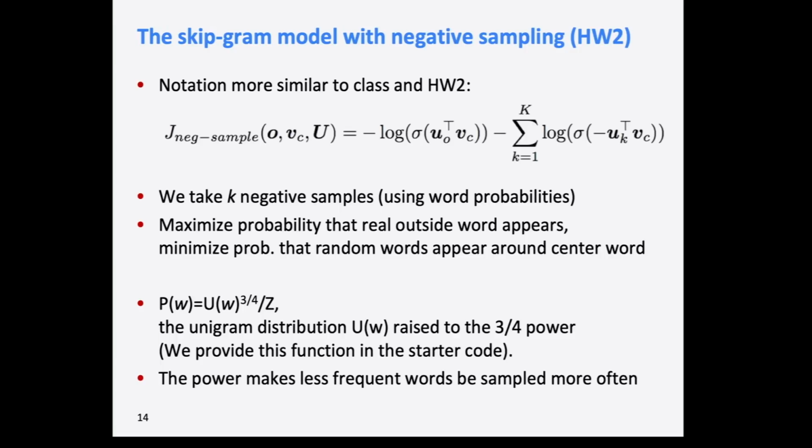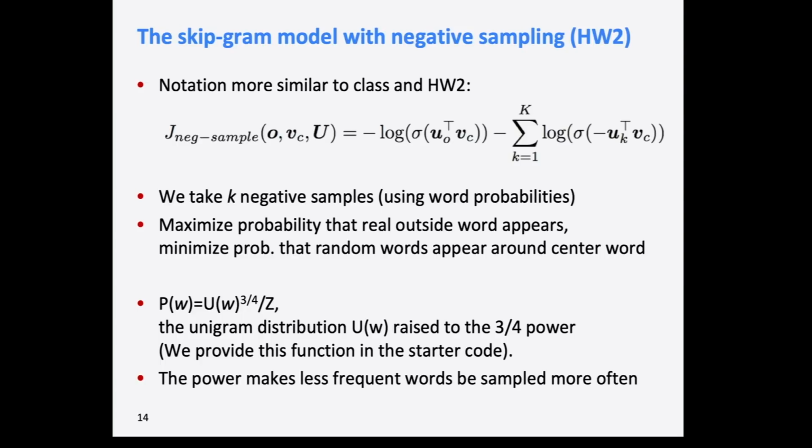I said we sort of sampled some words to be the negative samples. They in particular propose a sampling distribution that helps them along a little in partly dealing with this problem of very frequent words. So the starting point of how you sample words is you use what we call their unigram distribution.